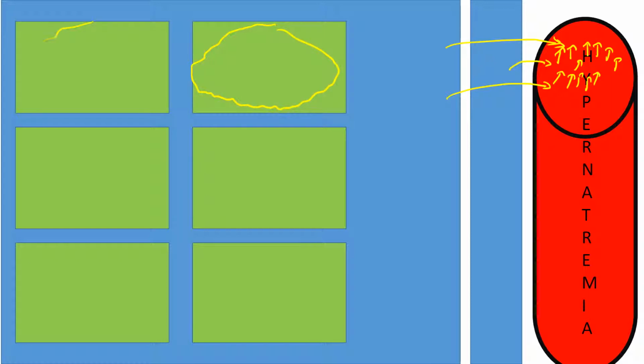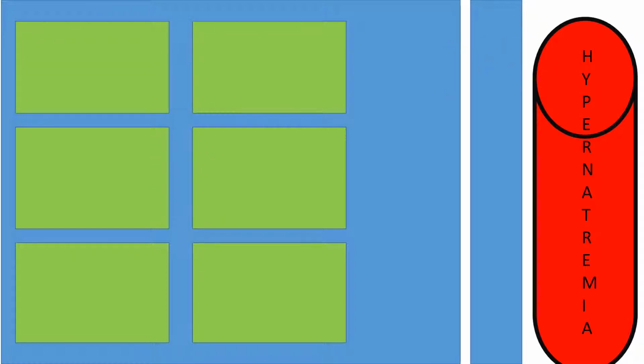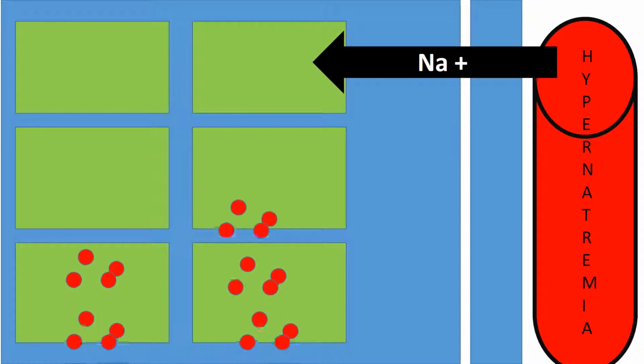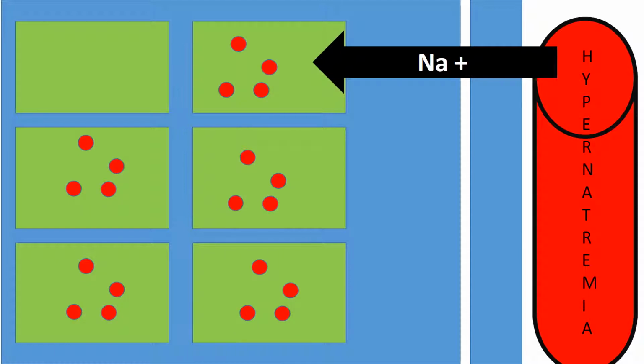All the cells will start shrinking because they lose all their fluid which will go into the blood because of the hypernatremia. To prevent this, what the body does is it will send sodium from the blood vessel into the cells, and along with this it will also produce some osmotically active substances like betaine, inositol and glutamine within the cells.